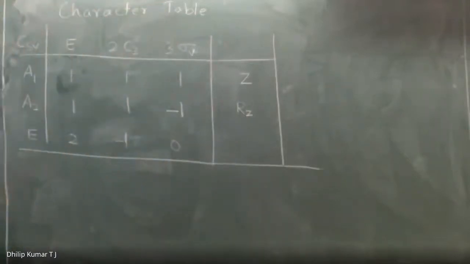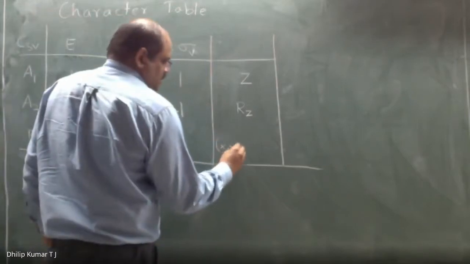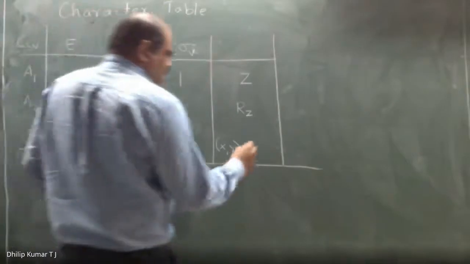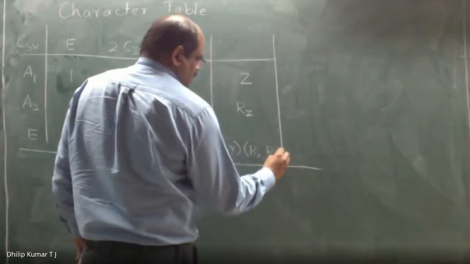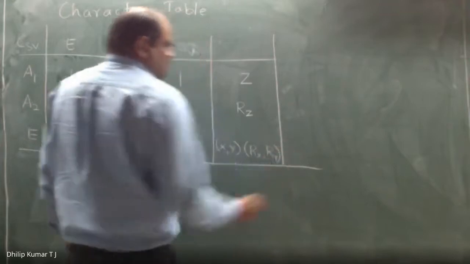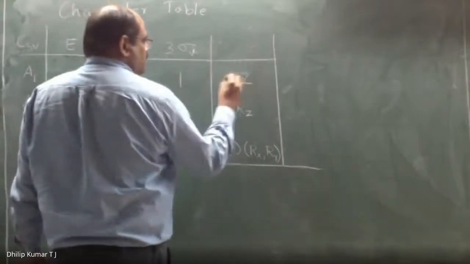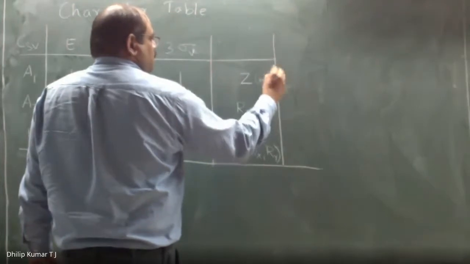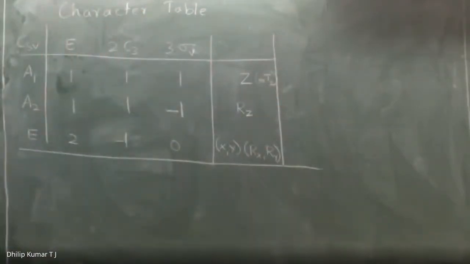And the third one is X, comma Y, and then Rx, comma Ry. Some books, instead of writing just Z, also write T subscript Z.